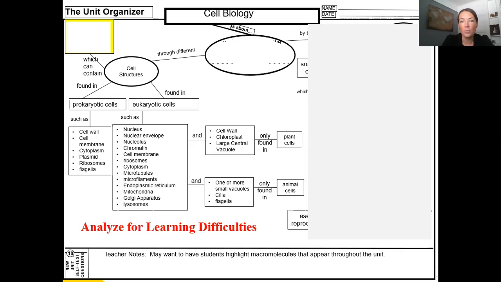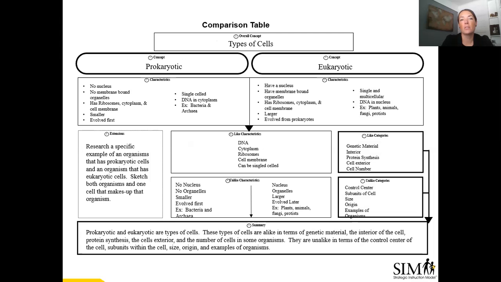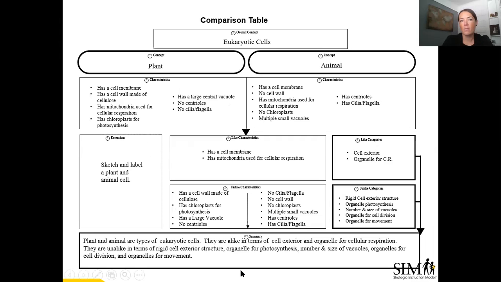So I've drafted 2 different concept comparison routines. In this comparison table, you'll see that I am comparing a prokaryotic and eukaryotic cell, where I help the students break down all the characteristics, those that are alike and not alike, and then draft a summary. I've done the same thing for plant and animal cells as well. If you're interested in learning more about the concept comparison routine, you will have the opportunity to learn about it more on day 4.